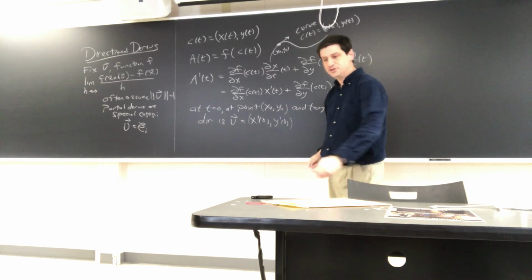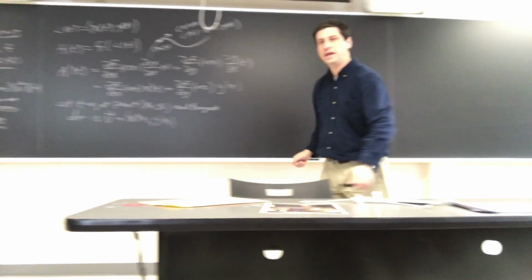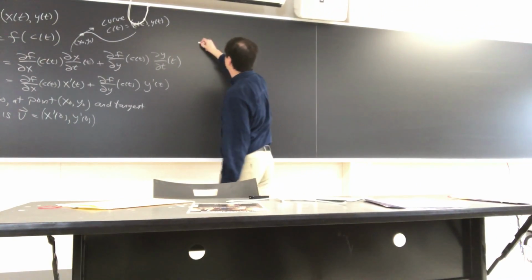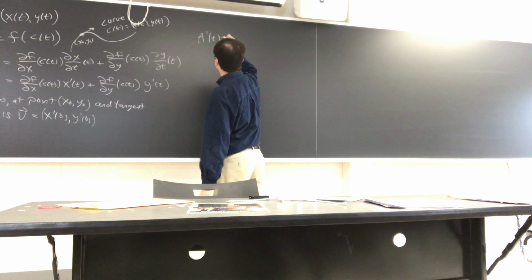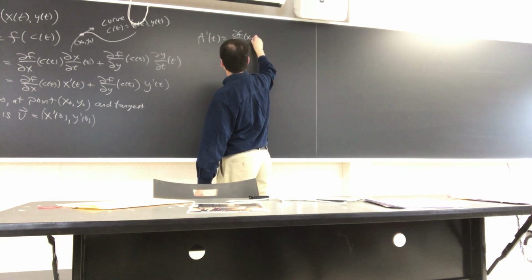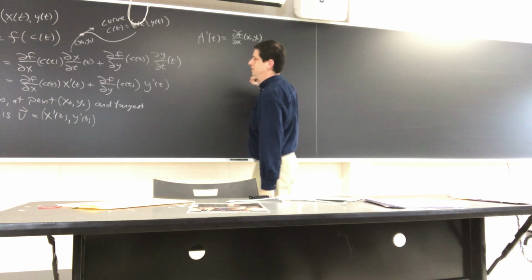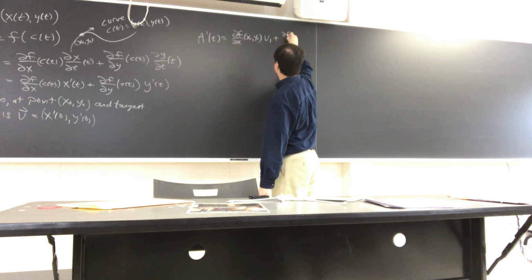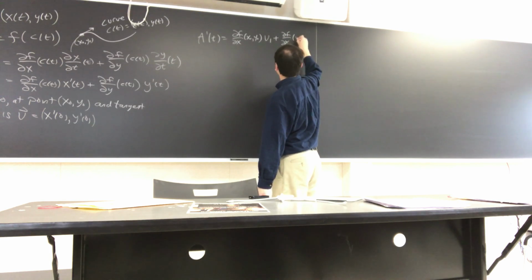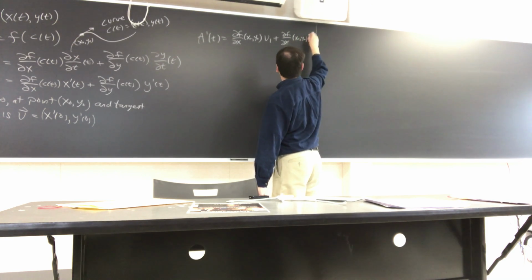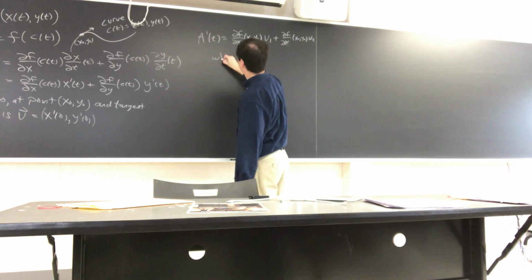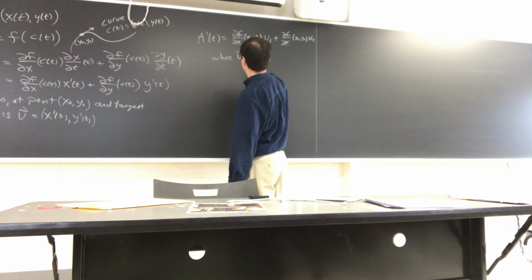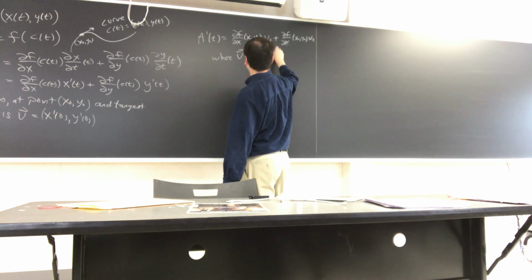So now, if I just simplify the algebra of what I have, we will get a prime of t is going to be df dx at the point x naught, y naught times v1 plus df dy at the point x naught, y naught, v2, where our vector v, I'm just writing as v1, v2.